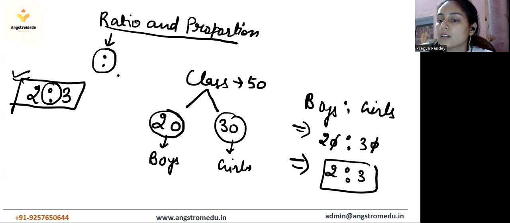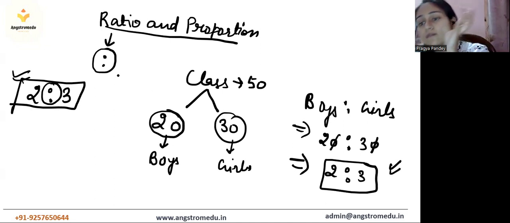So what we are doing here with this 2 is to 3 is comparing the number of boys present in the class to the girls present in the class. Total students are 50, and 2 is to 3 is the ratio for the boys to girls, which means 20 are boys and 30 are girls, which can be written as 20 is to 30, and that reduces to 2 is to 3.